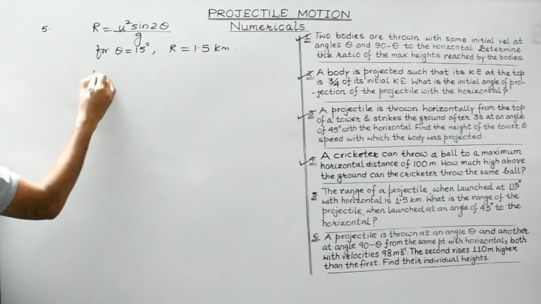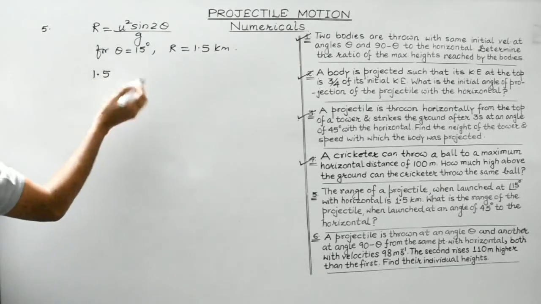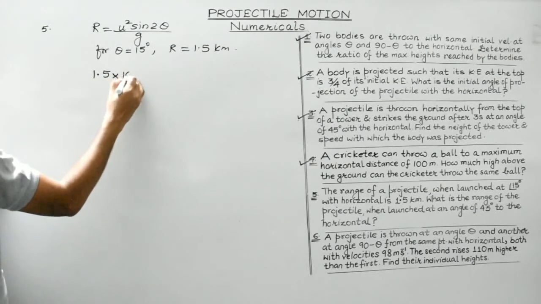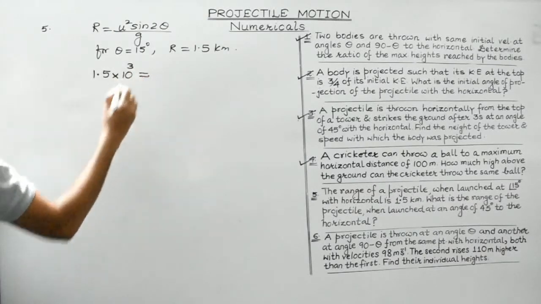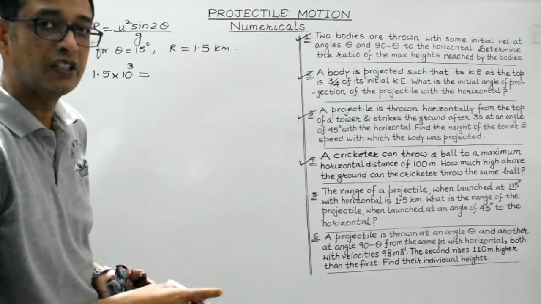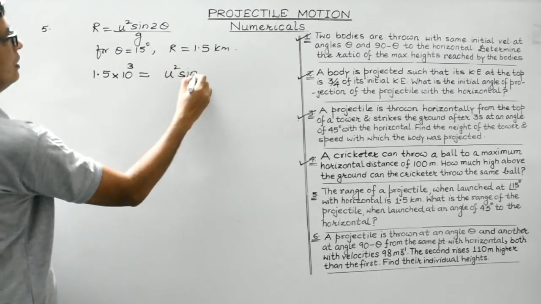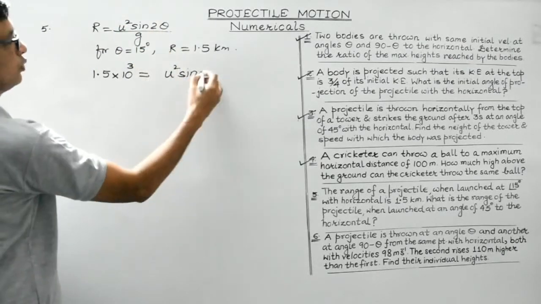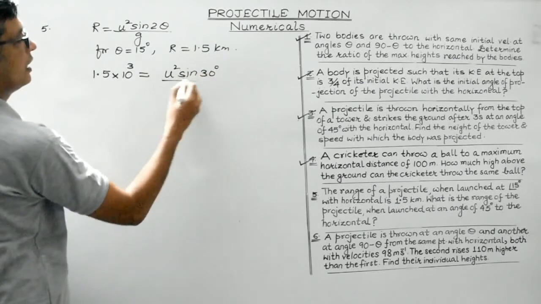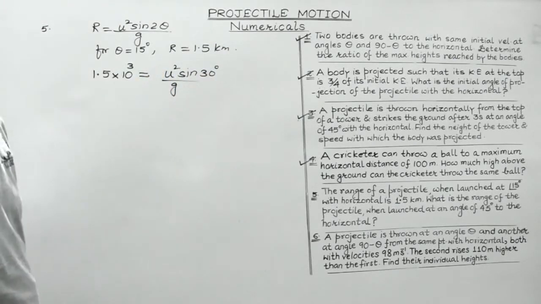So, 1.5 kilometer, let me write it in kilometer only. In case we need to convert it to meter, then it will be multiplied by 10 raised to the power 3. 1 kilometer is 1000 meters. So what do you get is U square sine 15 into 2, that will give us 30 degree, divided by G. Clear?